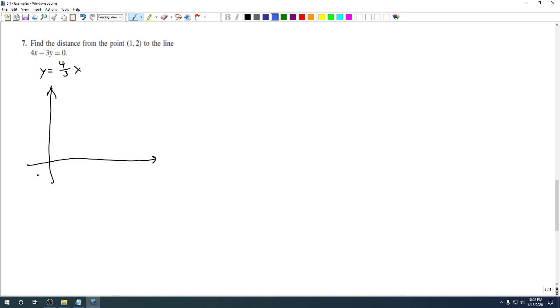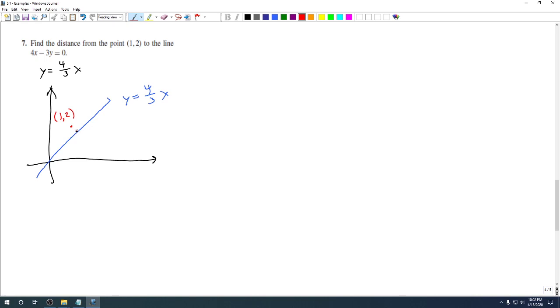So we have a line. Let's say this is our line y equals 4/3 x. We have a point. In this case, we have (1, 2). That actually lies a little bit above our line. Maybe draw it up here. And we want to know how far is that point from the line?